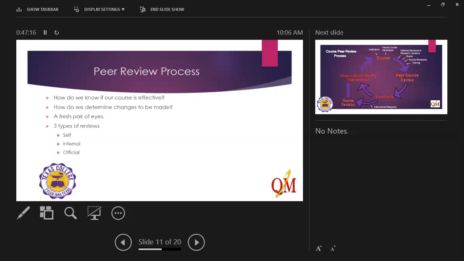And then there's going to be the master reviewer, who is knowledgeable about the QM review process. And then another reviewer who is not a subject matter expert. Usually they could come from different institutions. But these are people who are carrying out a task which has been assigned by QM, not by the institution.